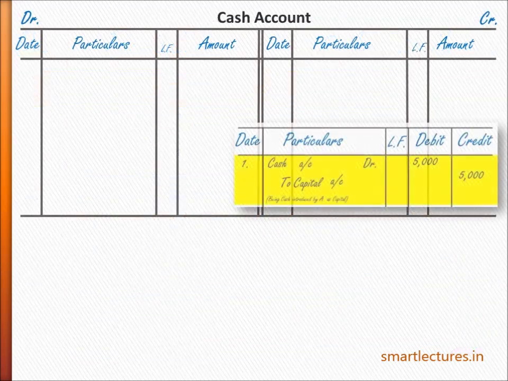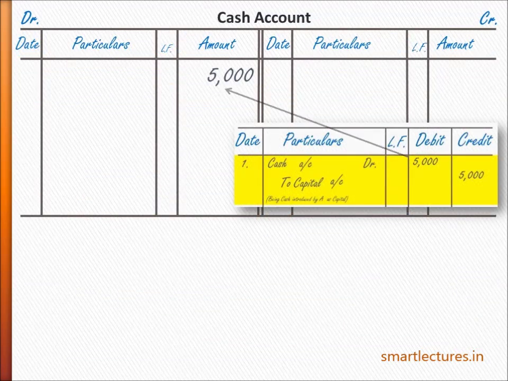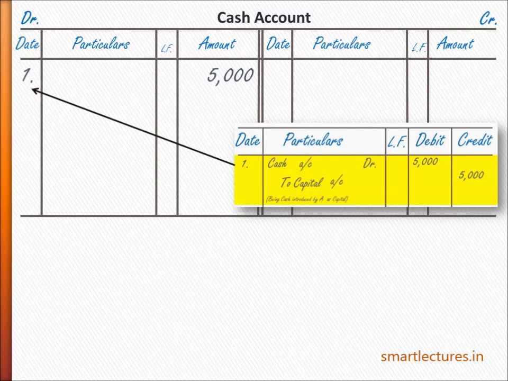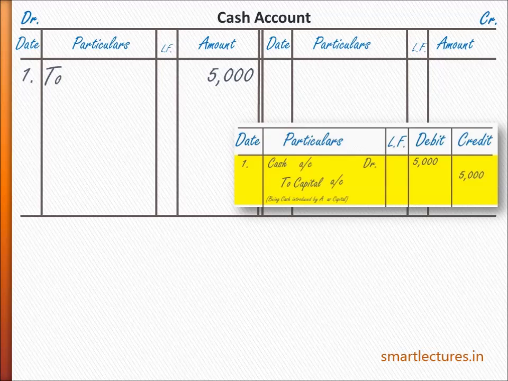So come to the cash account. In the amount column, rupees 5,000. In the date column, 1. Because the date is not given, we'll write down the transaction number, that is 1. And you know, on the debit side, on the left hand side, we always start the narration with 'To', because the narration will be written in the particulars column. So 'To', what should we write down?